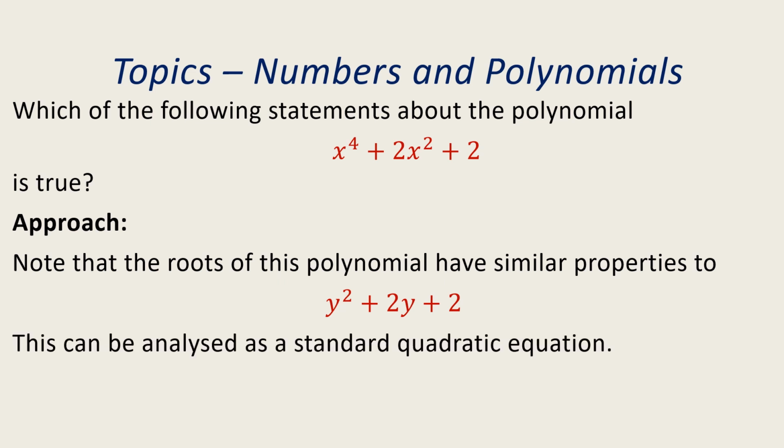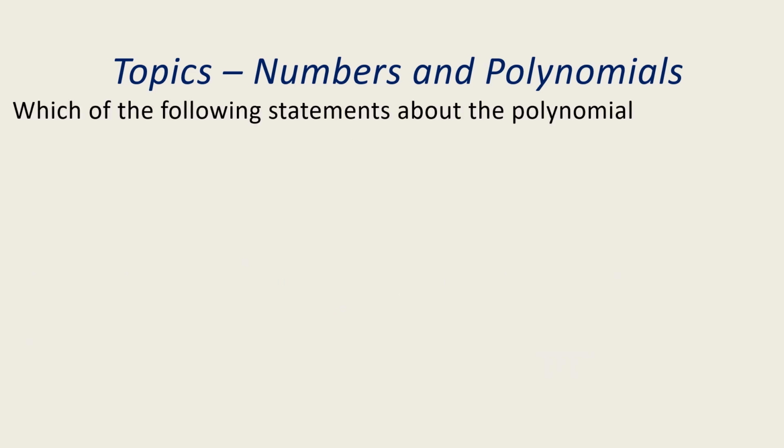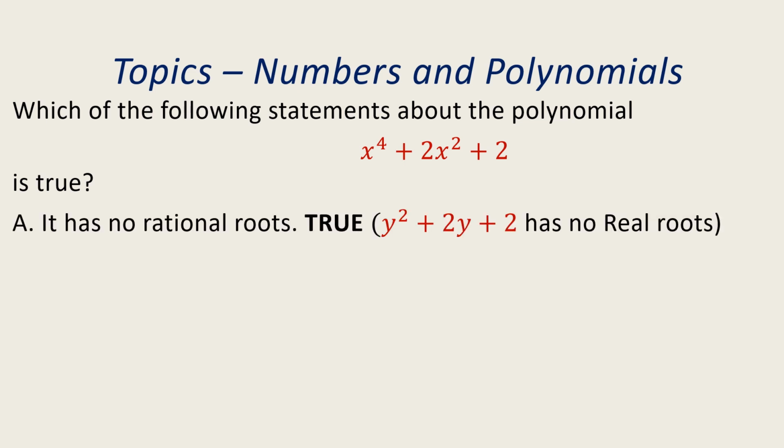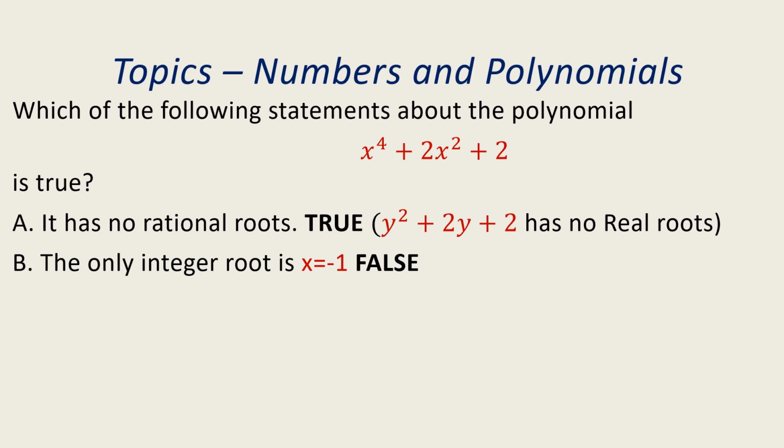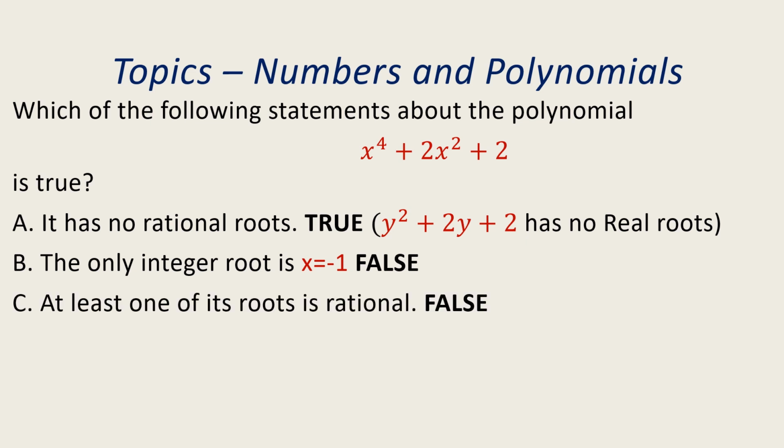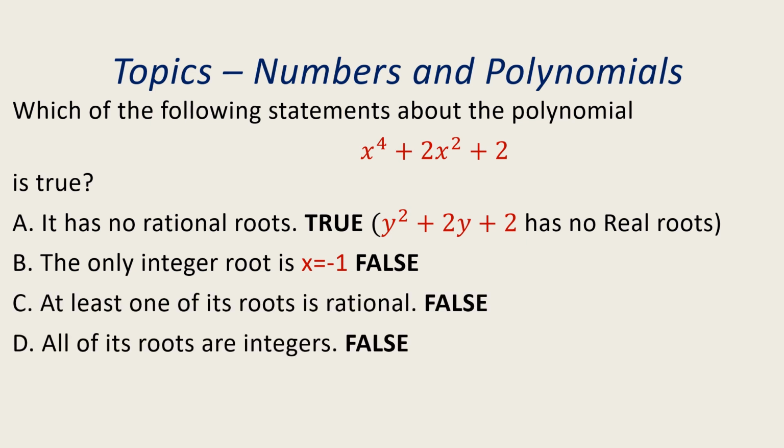And that we can analyze just as a standard quadratic. So what we find, returning to the question, it has no rational root. And that statement is true because in fact that polynomial y^2 + 2y + 2 has no real roots. So it doesn't have an integer root x equals minus 1, doesn't have a rational root.